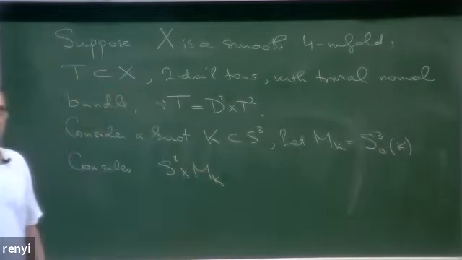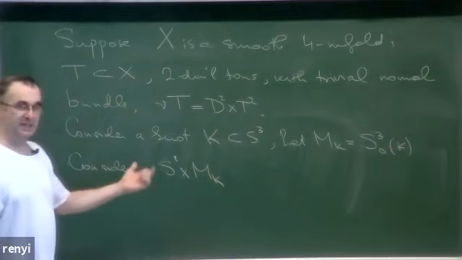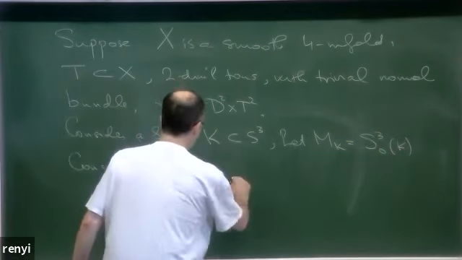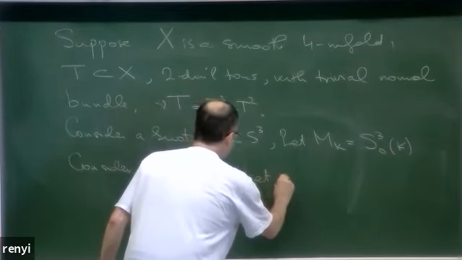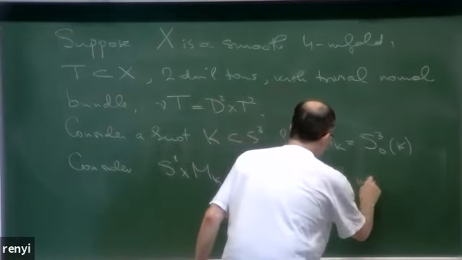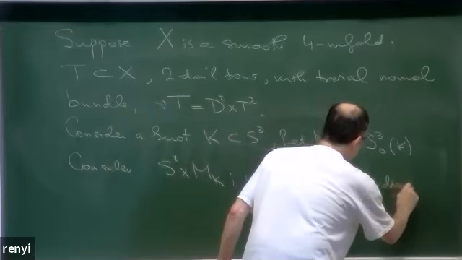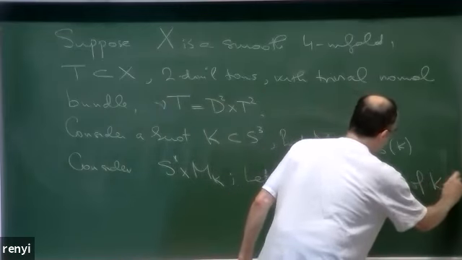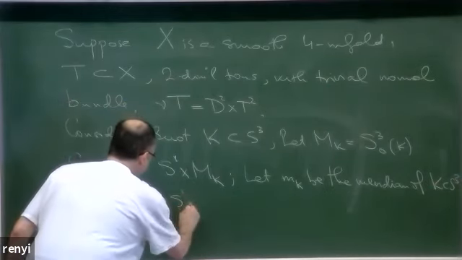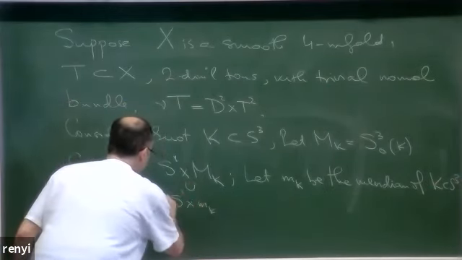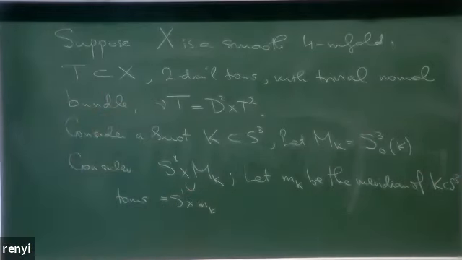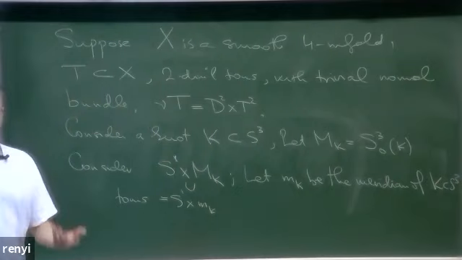Now this is a four-dimensional manifold which has a nicely embedded torus inside, since if we let m be the meridian of K in S3, then we can take S1 cross m as a torus inside this 4-manifold. This is also a torus with trivial normal bundle.